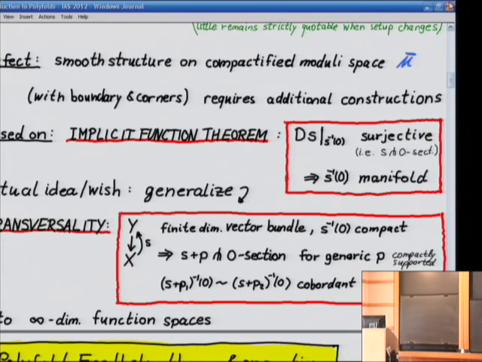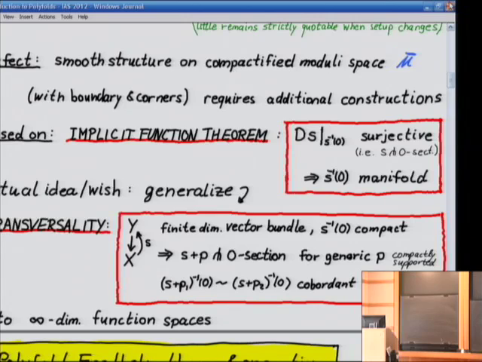Right? Except we only have it in finite dimensions. So we'd like to say there's a section of a bundle, zero set is compact, and then for a generic perturbation, compactly supported near the zero set, you get the perturbed section transverse to the zero section, so you get a smooth manifold out. You hope it's still compact. Right, it's still going to be compact because P is compactly supported and the zero set was compact.